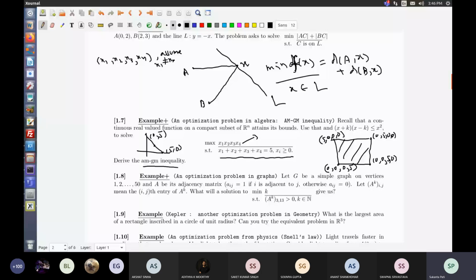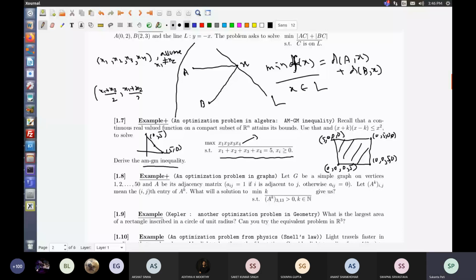If x1 is not equal to x2, then what I am proposing is the following. The x1 and x2 contribute x1 plus x2 to the whole 5. So you write (x1 plus x2) by 2, and then (x1 plus x2) by 2, and keep x3 and x4.